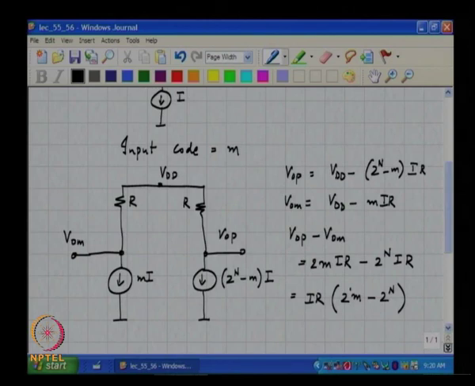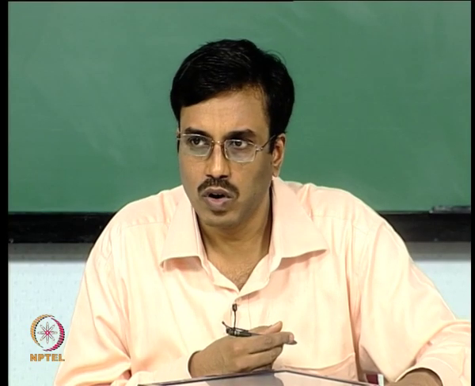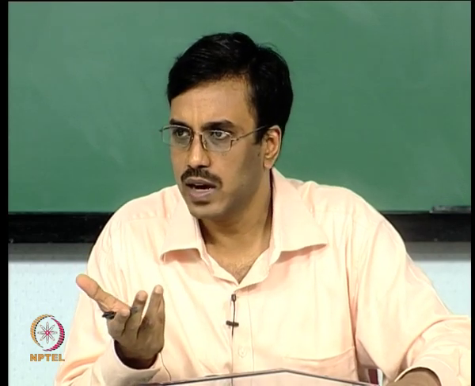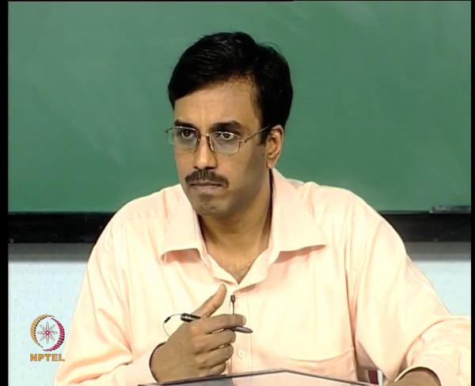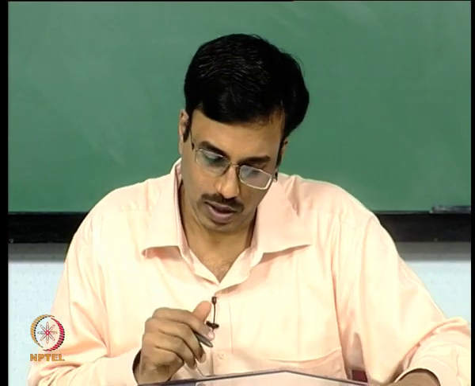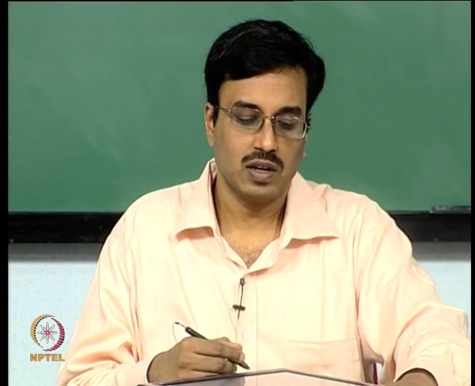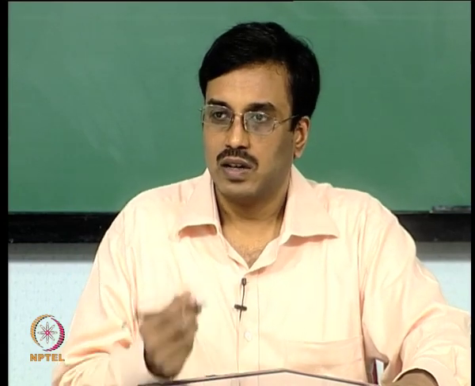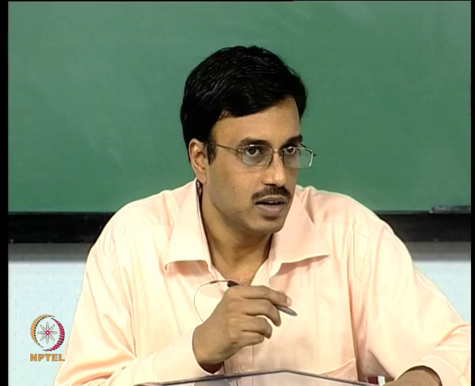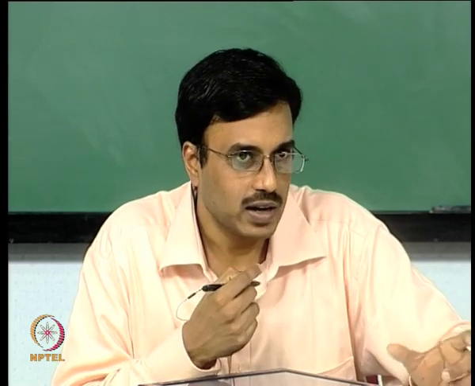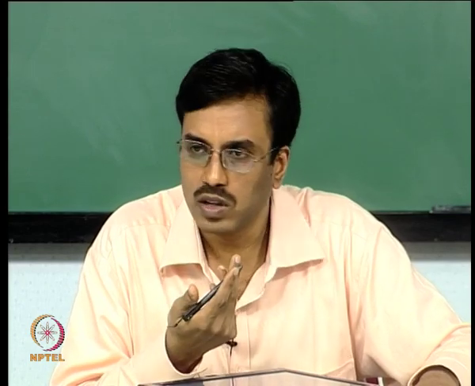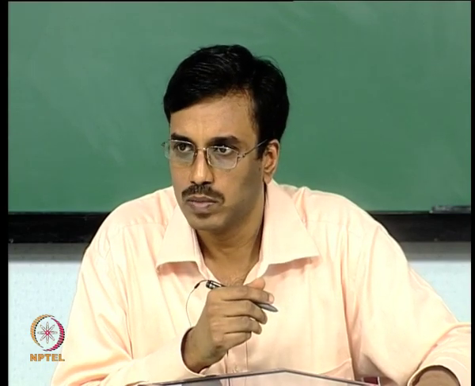Okay. So, when all the current is flowing towards one side, which will happen when either M is 0 or when M is 2 to the n, or 2 to the n minus 1 actually, right, you will find that the output of the DAC will reach 2 to the n times I, the differential output is 2 to the n times I times R plus or minus, at mid chord the output will be 0.